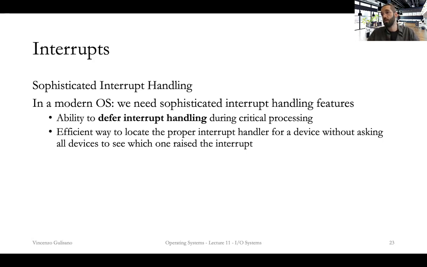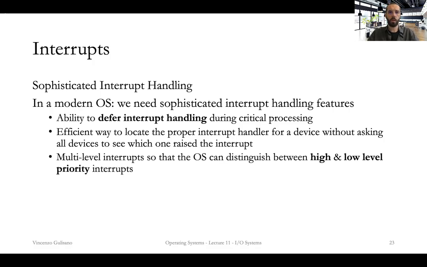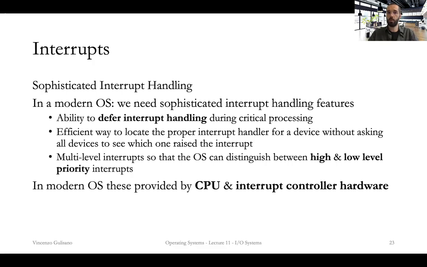And we said this in the very beginning with context switches. You really need to minimize this as much as possible if you want to have performance. So you have multi-level interrupts in modern operating systems. So there are high and low level priority interrupts.